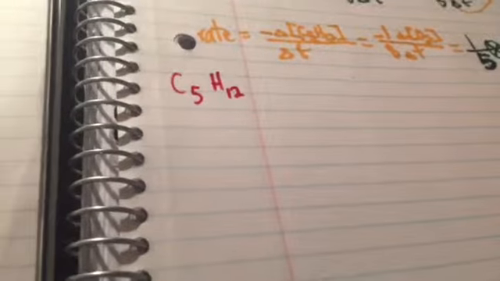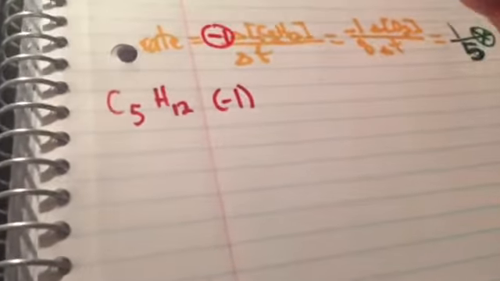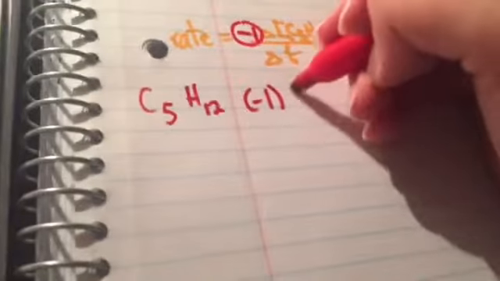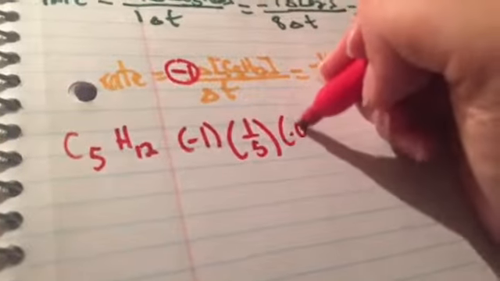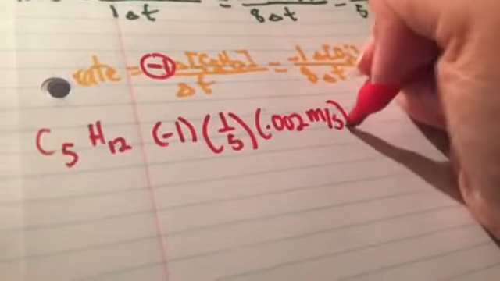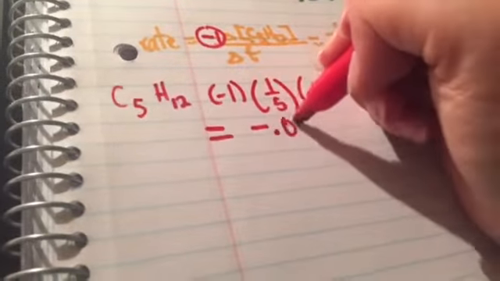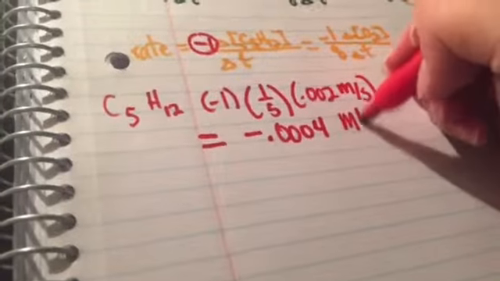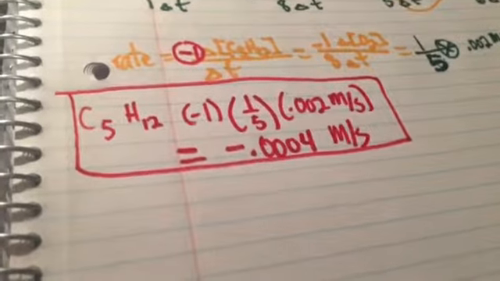So first we have C5H12, and that one's rate of formation is found by multiplying -1, since this is an understood 1, times 1/5 times 0.002, and that gives us a rate of formation of -0.0004. Don't forget your unit. So that's that one's rate of formation.